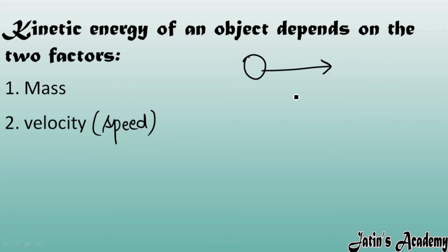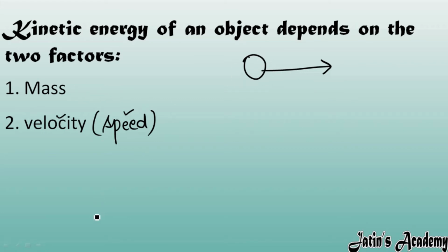Kinetic energy also depends upon velocity or speed. Actually velocity and speed are different things, but till 7th or 8th you can treat velocity and speed as equal things. Okay. So kinetic energy depends upon two factors, mass and velocity.